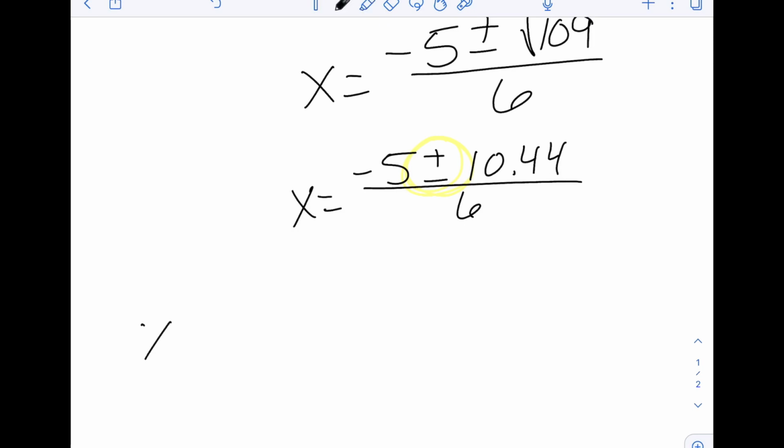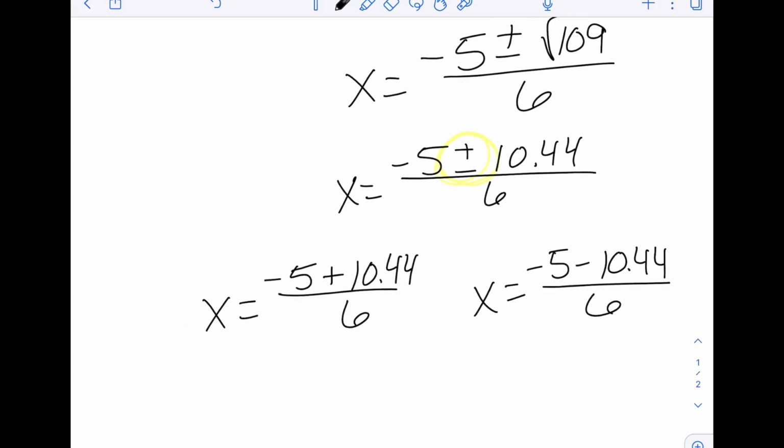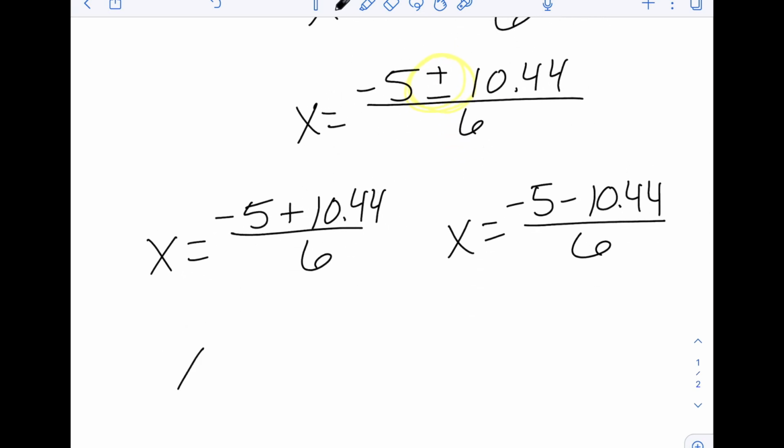I'm going to start out with x is equal to -5, and since the plus is on top, I'm going to put the addition symbol first, and then I'm going to put the subtraction over here. So now I have split the plus minus, and this will give me two answers.